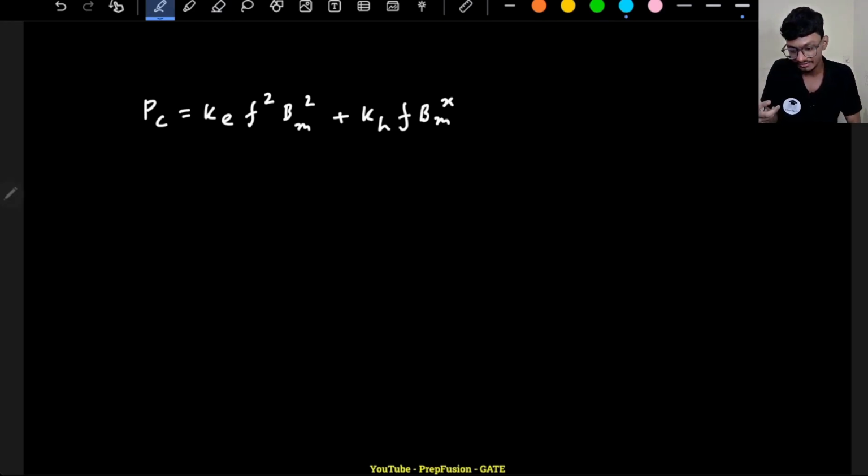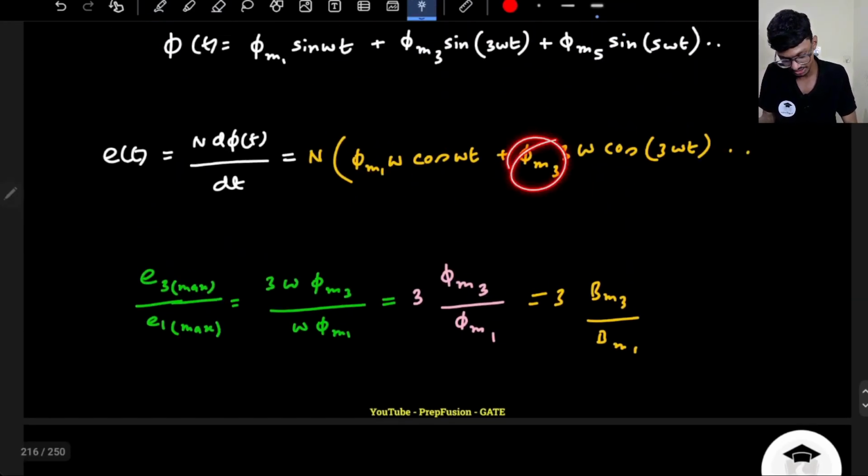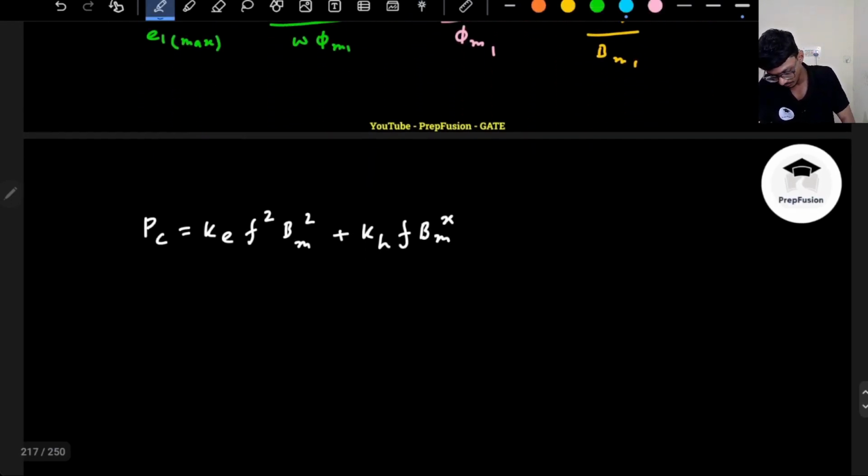In different frequencies, the peak flux density will also change. It will be phi m1, phi m2. So the overall loss will be divided into eddy current loss and hysteresis loss. The eddy current loss will be Ke, which is constant, first due to the fundamental component, F square into Bm1 square.